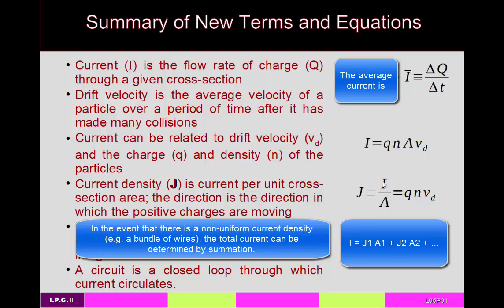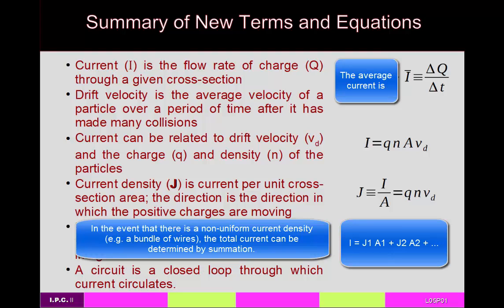The current density, in turn, is the current per unit cross-section area. So take this equation and divide by an A, and you get this equation. This works out very nicely if you have a uniform current density. However, there are cases in which you might not have a uniform current density, in which case you can basically sum over all the individual current densities to get the total current.